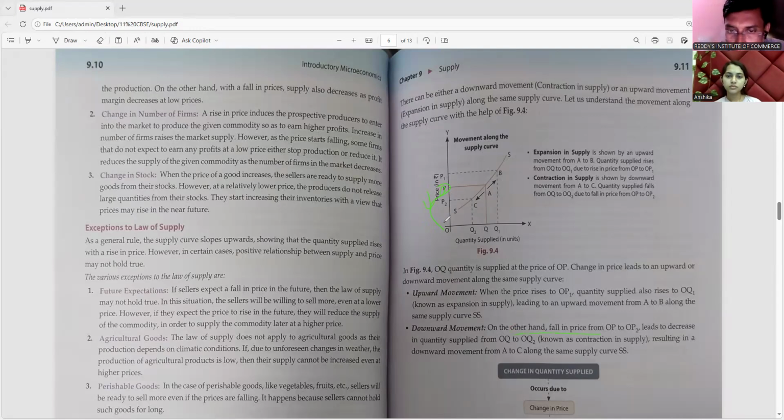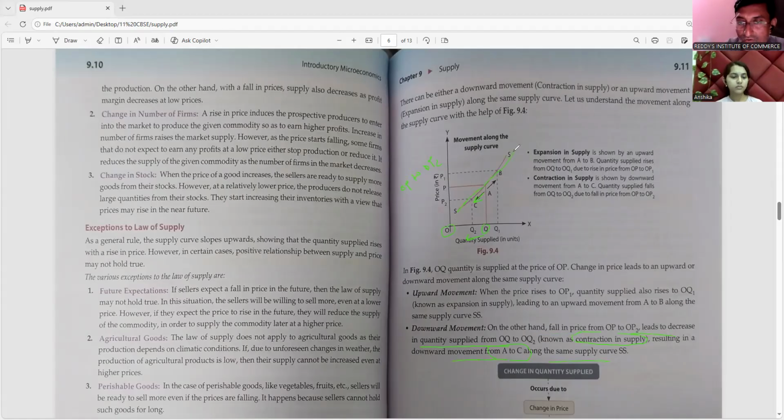When the price falls from OP to OP2, it leads to a decrease in the quantity supplied from OQ to OQ2, known as contraction in supply. Now, this results in a downward movement from A to C along the same supply curve.